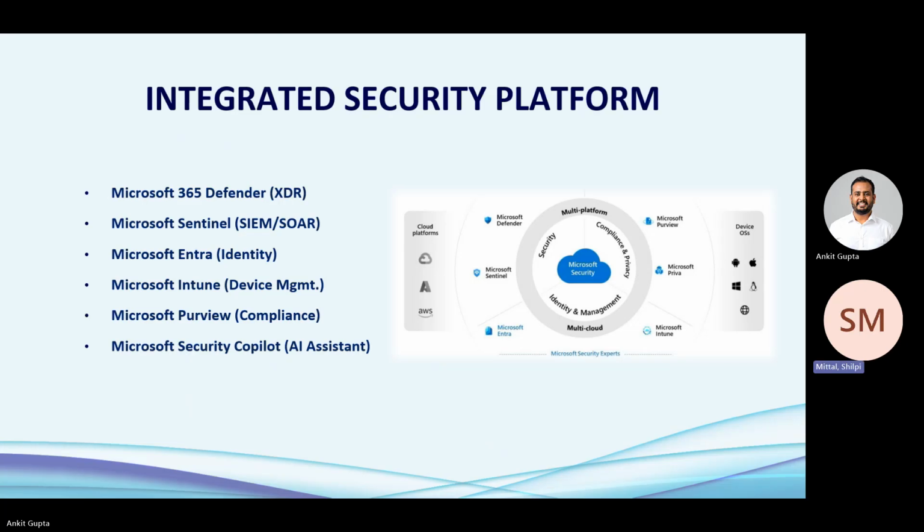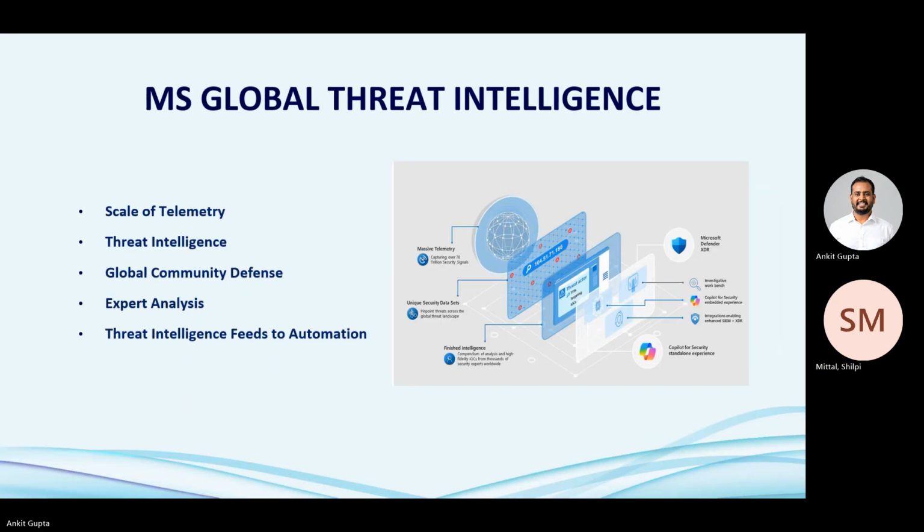Microsoft Threat Intelligence capabilities are massive, with visibility across the global digital ecosystem. Microsoft tracks over 78 trillion signals daily from Windows, Azure, Office 365, partner data, and internet scans.